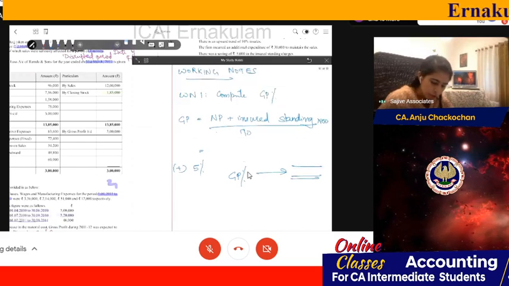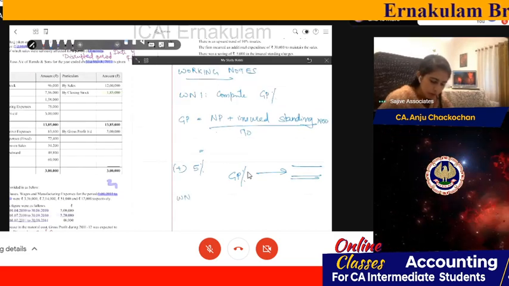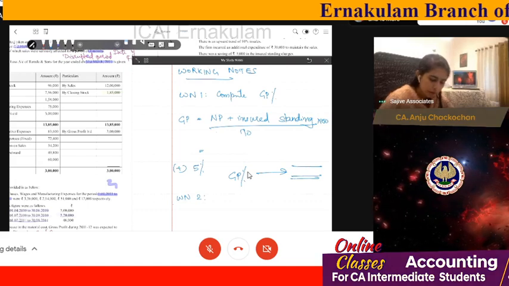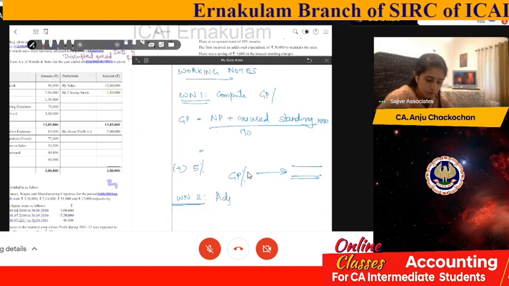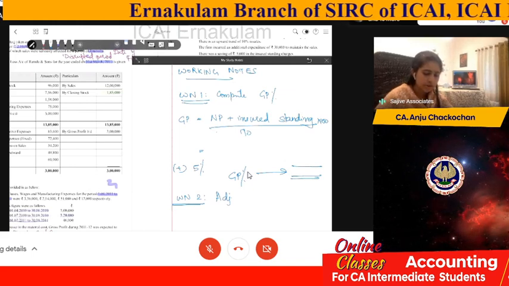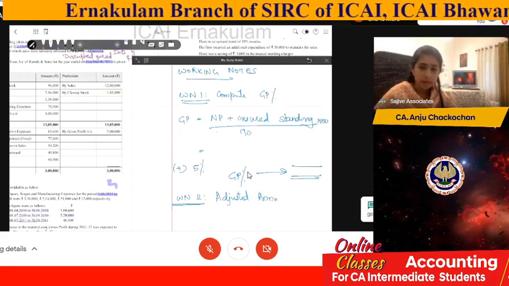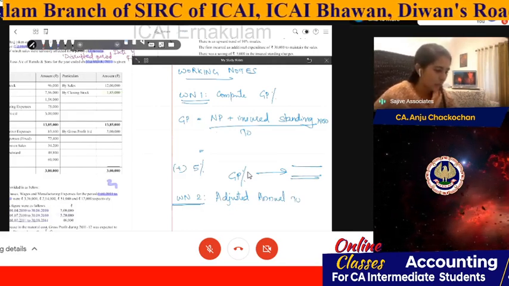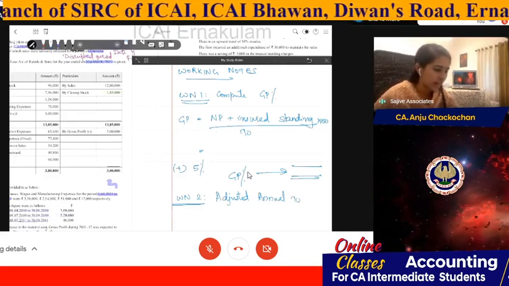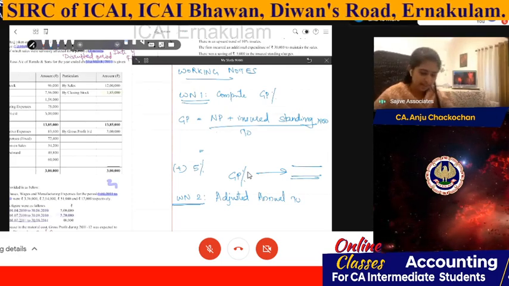Now, working note number 2 will be adjusted annual turnover. Yes, Shruti, 3,09,120 as the GPAT that you got, which is exactly correct.